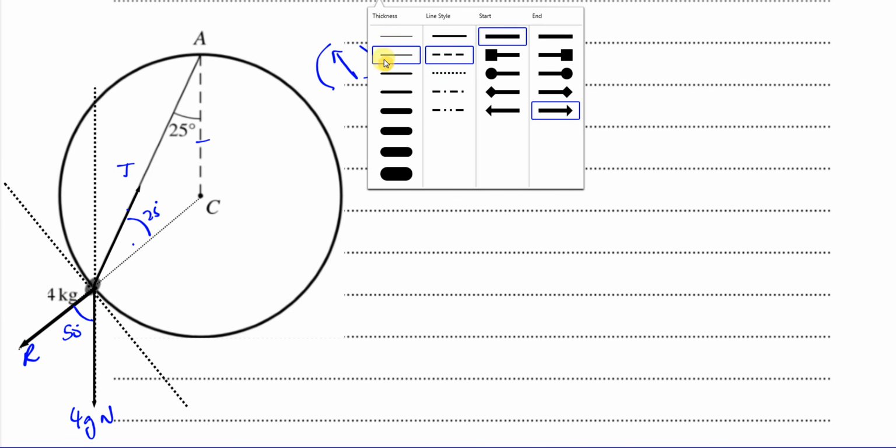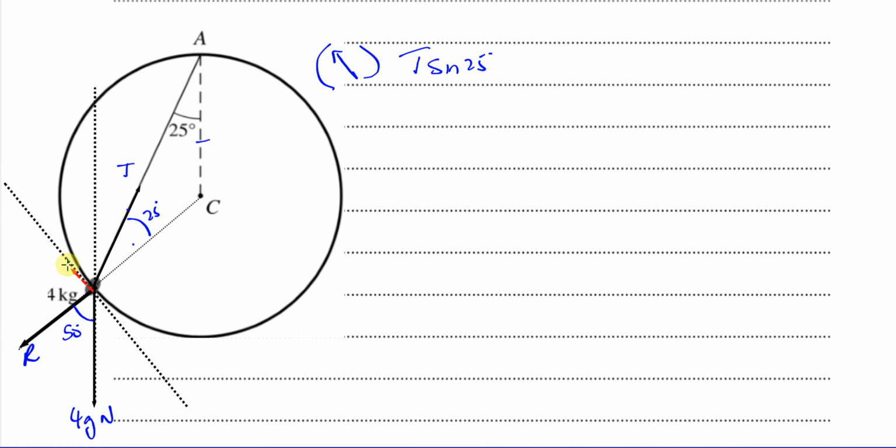Okay, so resolving this force T in this direction gives us T times, going away from the angle given, T times sine of 25. So we have T sine 25, and that's equal to the component of the weight also resolved in this direction. Again, this is going away from the angle given, which is at 50. So it'll be 4G times sine 50.